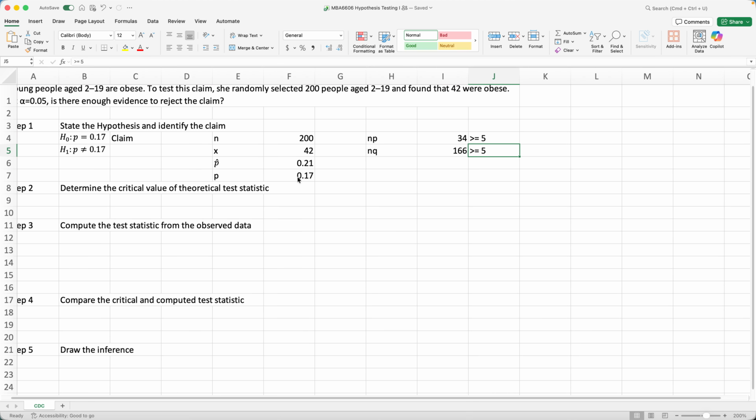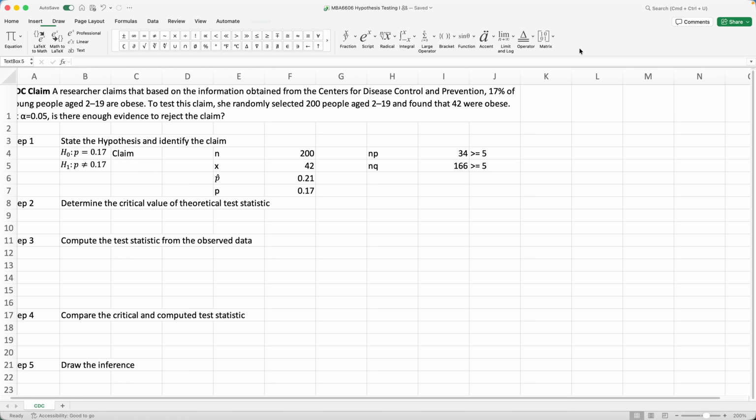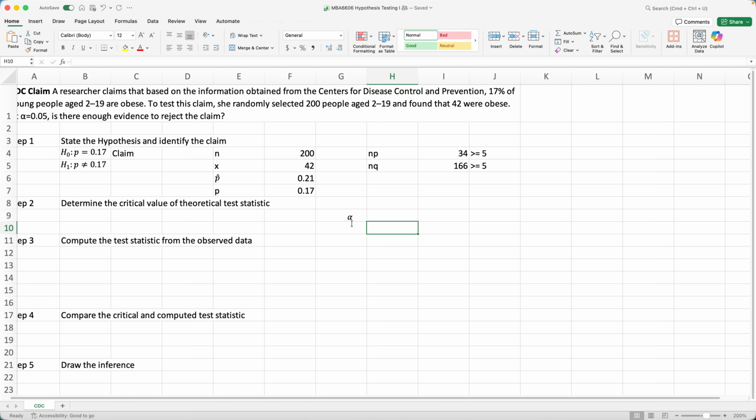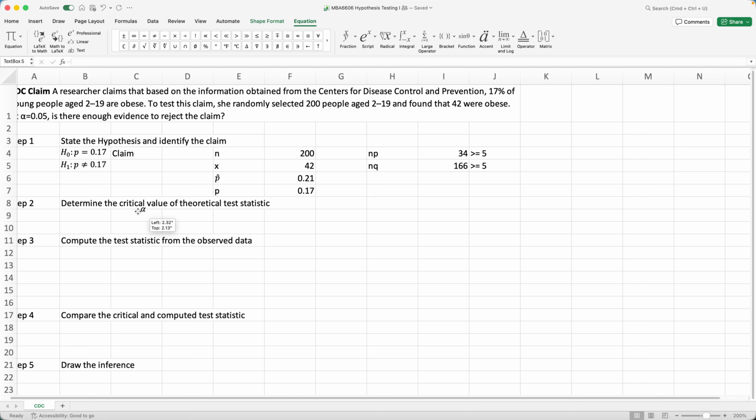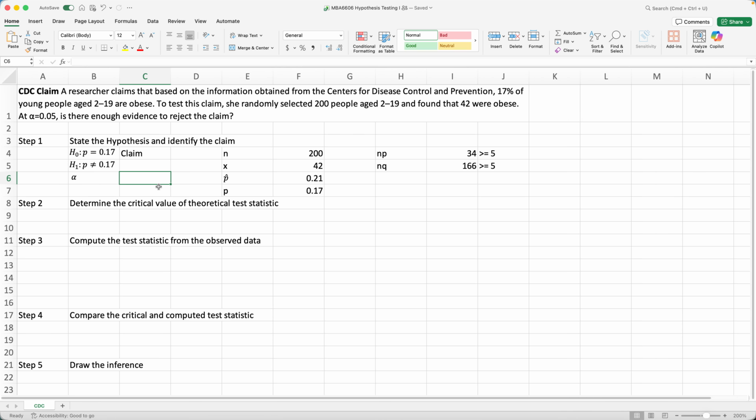We need to test it at alpha equal to 0.05.